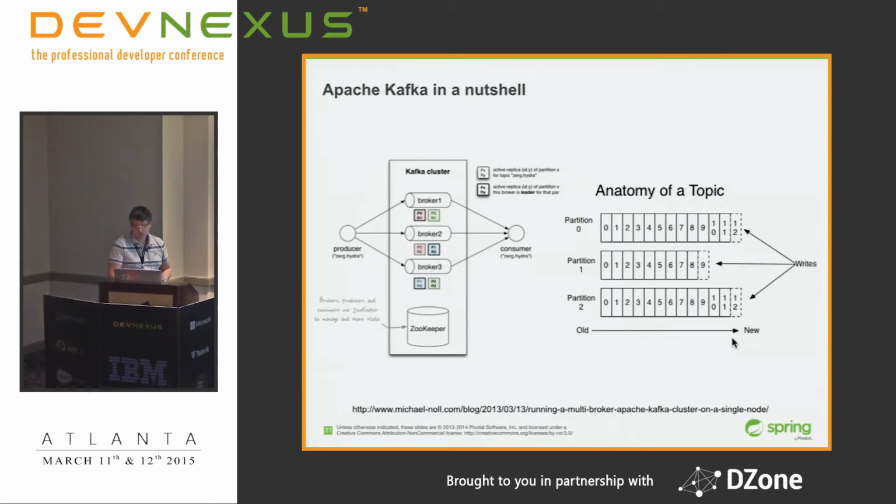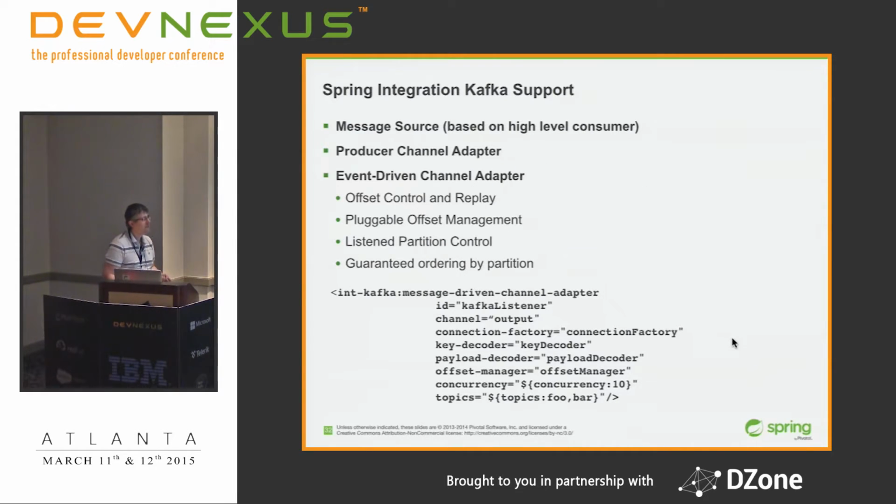With Kafka, what we did was say, well, we understand the log model of Kafka, and what we would like to do is apply the same paradigms as we have for the Spring framework. So basically, the ability of doing event-driven message processing as well as production. So we have a producer channel adapter for Kafka, and then we have an event-driven channel adapter that listens to different topics.